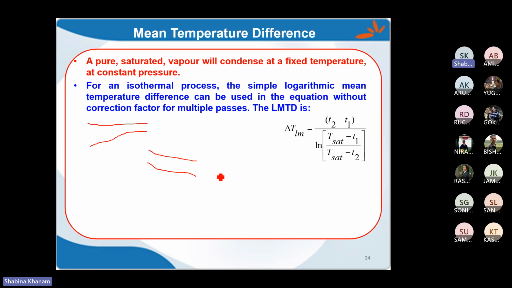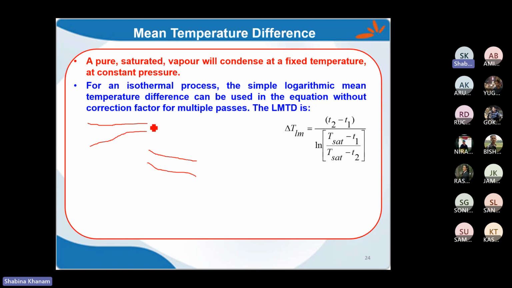The FT correction factor accounts for the temperature cross. Temperature cross is only possible when I'm having variation in temperature on both sides. What is temperature cross? Temperature cross means this temperature should be higher than this.